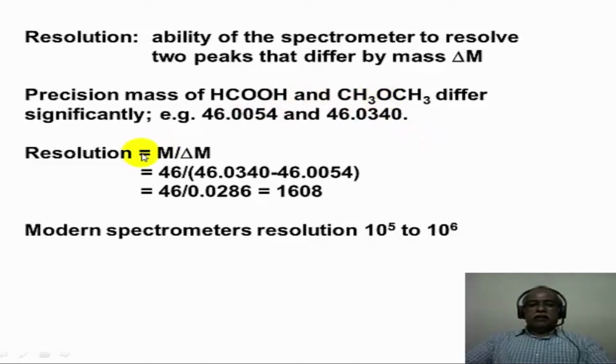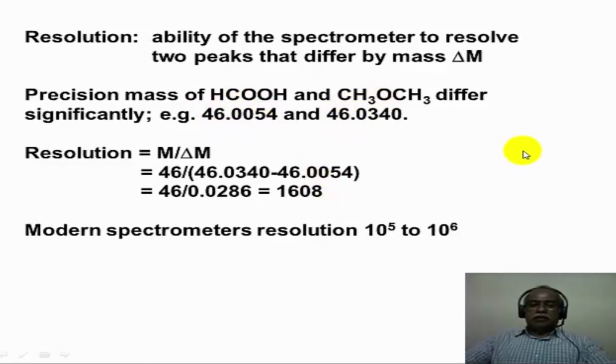Now the resolution is defined as m divided by delta m. M is essentially 46, the unit resolution mass. And the difference between these two fractional masses is essentially 0.0286. So as long as the mass spectrometer has a resolving power of 1600 or so, it will be able to differentiate between this mass and this mass.